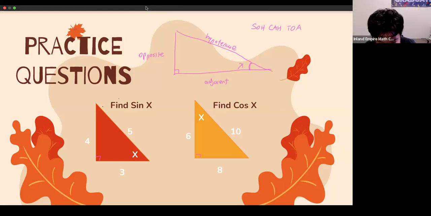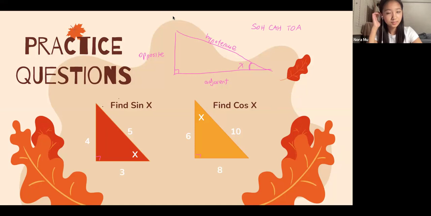60. Okay, so we have one answer, 60. Okay, if not, let's just go over the answer. Since we know that sine is opposite over hypotenuse, we know that the opposite of x is the leg where it says 4, over the hypotenuse.